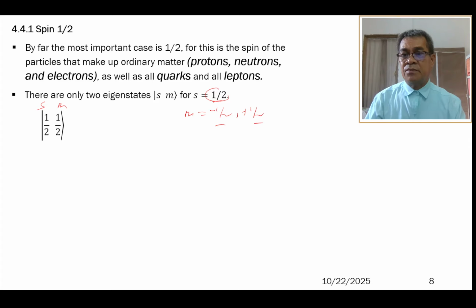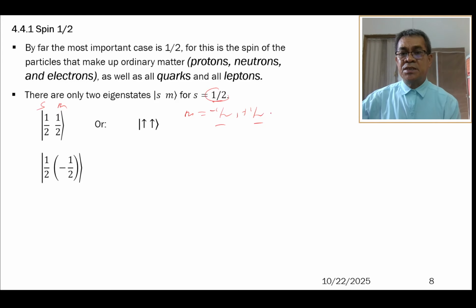So first state, we have this one half, one half, meaning s is one half, m is one half. Remember, two values of m: negative one half and one half. So we have one half, one half, and we have one half, negative one half. Or for simplicity, we can use the symbols.